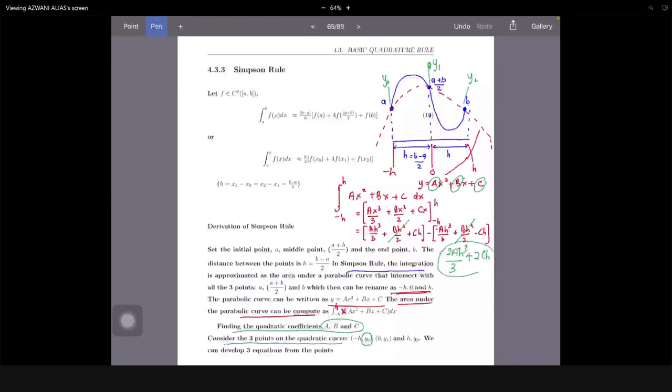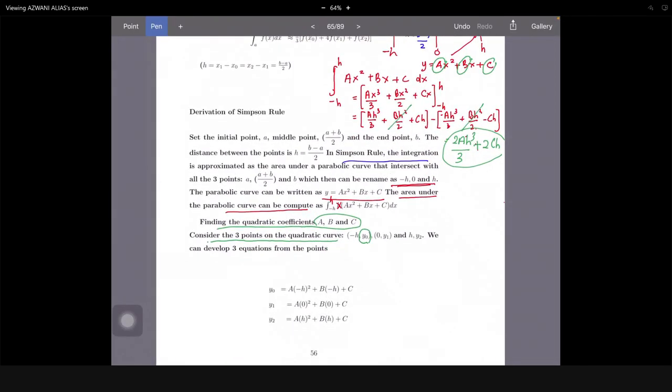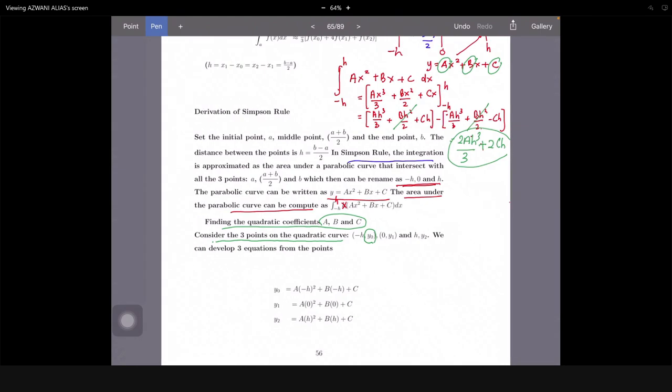So what's next adalah apa yang dia buat ni adalah dia ganti nilai. Dia develop 3 equation untuk dapatkan 3 points tu. So the first part adalah dia ganti X dengan negative H. Okay. And yang kedua dia ganti X dengan 0. Yang ketiga dia ganti X dengan H. So akan dapat, yang ni derivation ni untuk dapatkan formula Simpson Rule.